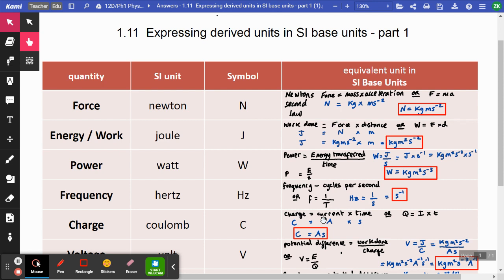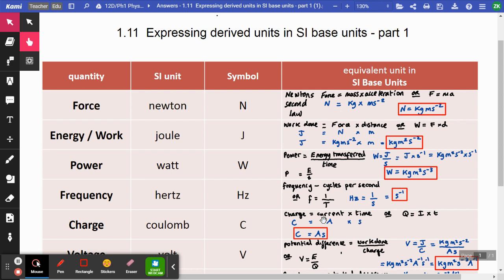So we're just going to replace joules with kilograms meters squared seconds to the minus 2 as here, and then multiply by seconds to the minus 1, which is there, and that's minus 2 times by minus 1 for seconds, and we bring it together. So 1 watt can be expressed as kilogram meters squared second to the minus 3.